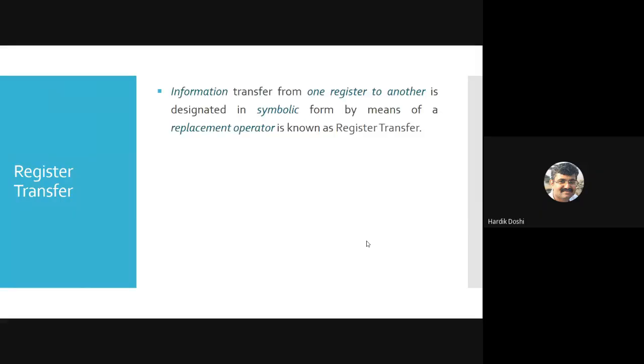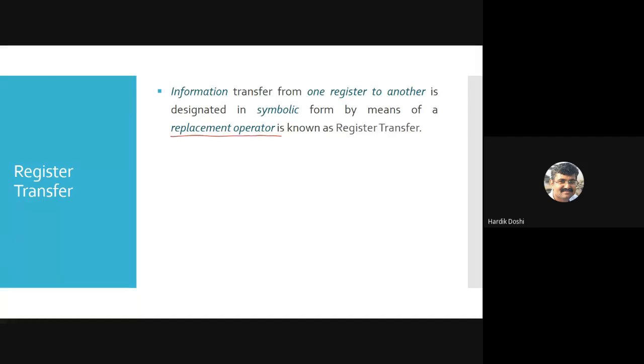Fine. So moving further, now we are going into the detail of register transfer. Information transfer from one register to another in symbolic notation is termed as register transfer. Now for this, we require one operator named the replacement operator.